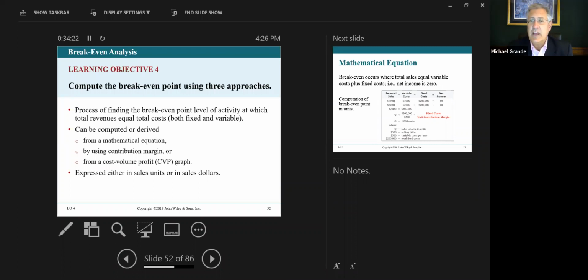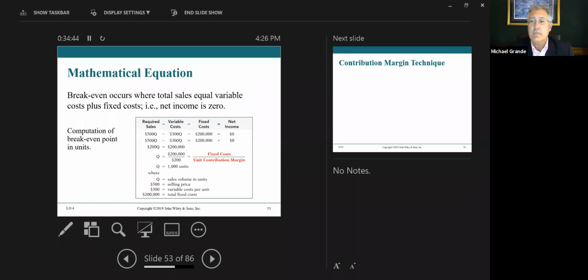We can use a mathematical equation, we can use the contribution margin, or we can use the cost volume profit graph. We're going to calculate break-even point in units and break-even point in sales dollars. All three of these are going to be presented in this PowerPoint presentation. The one that I like the best is by using contribution margin. So I'm going to skip this one.